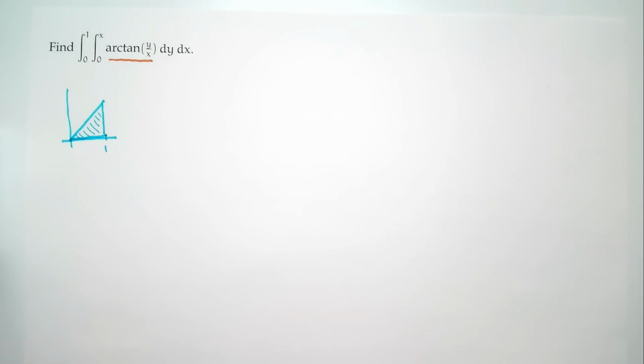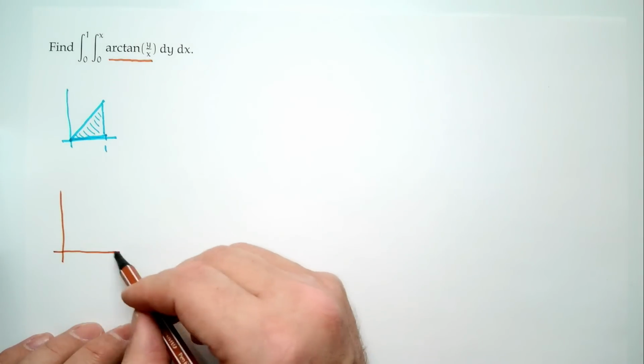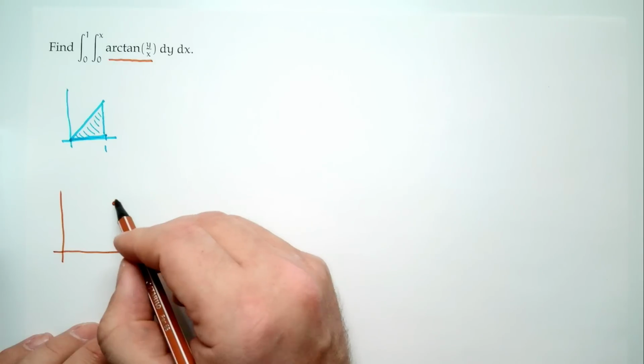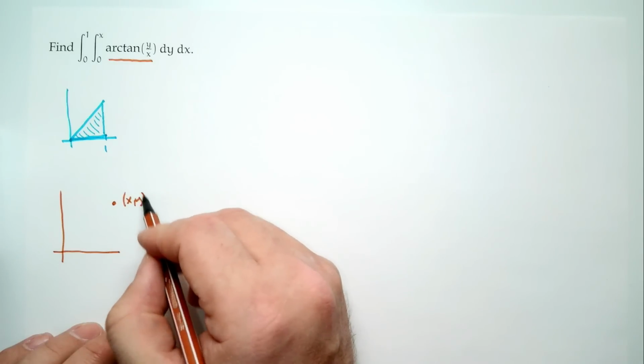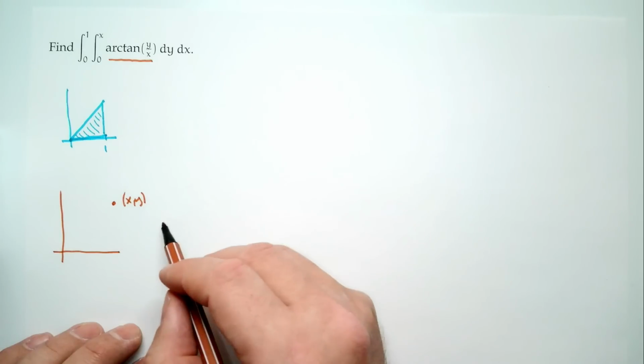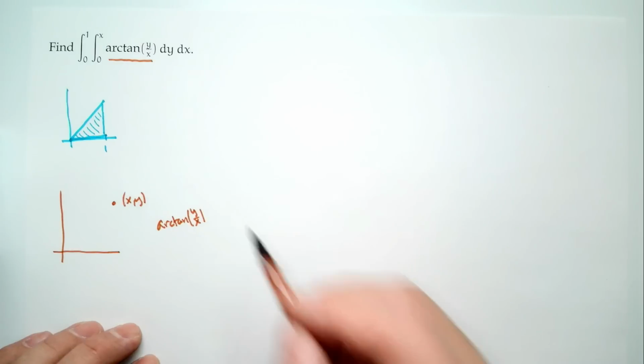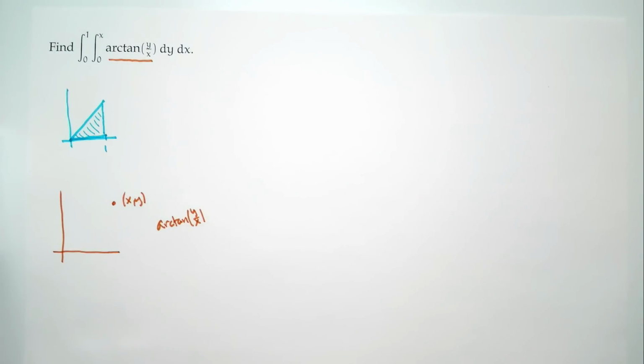Now, what do I have? Well, suppose I'm in the plane, and here's a point, I say x comma y, and I ask the question, what does arctangent of y over x correspond to? And this is what we're trying to understand, because really now we're thinking about inputs as a two-dimensional thing. It's a point in the plane.